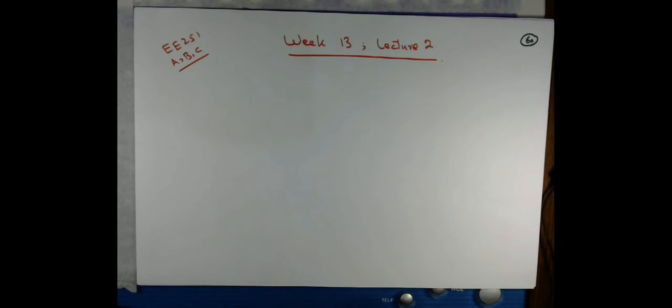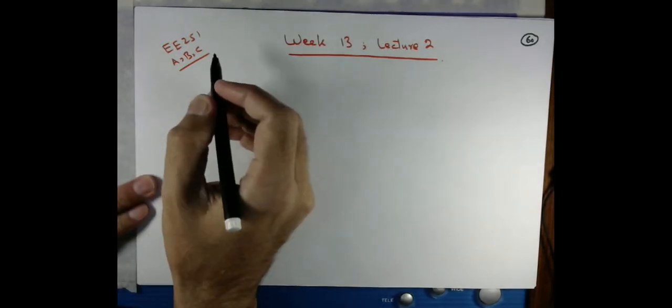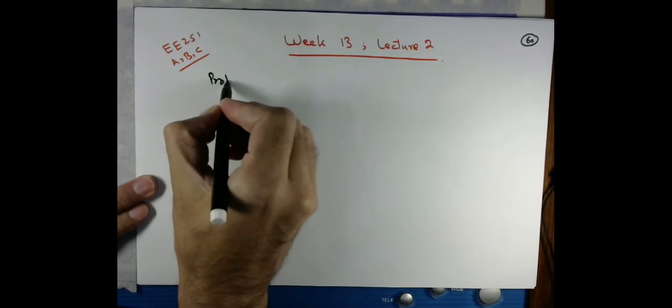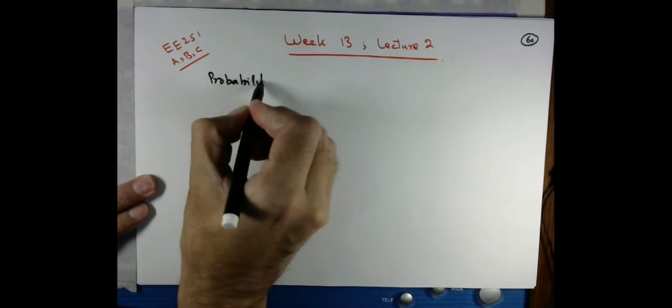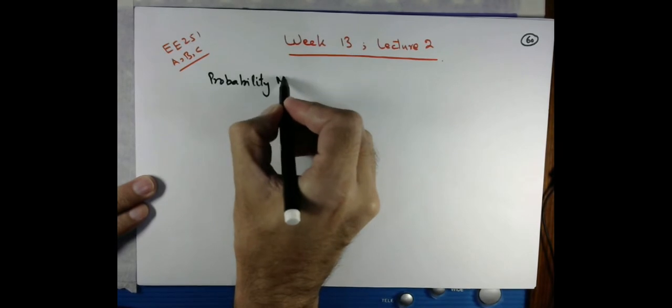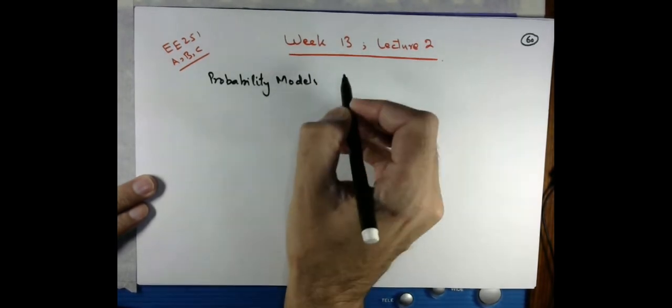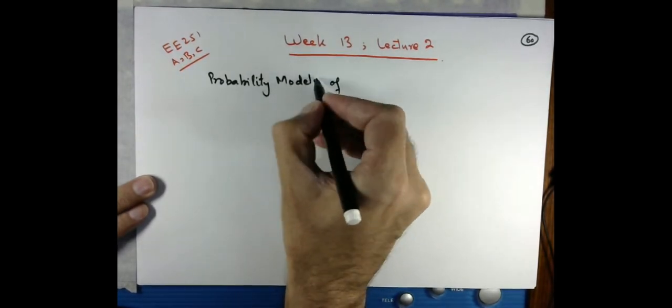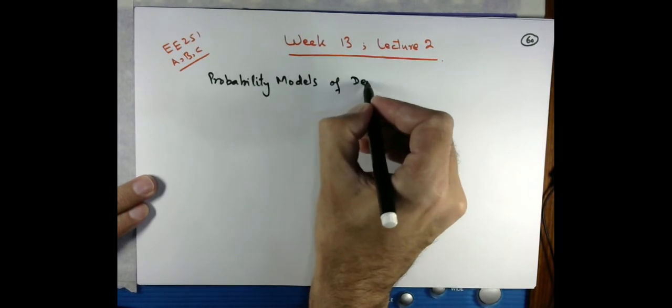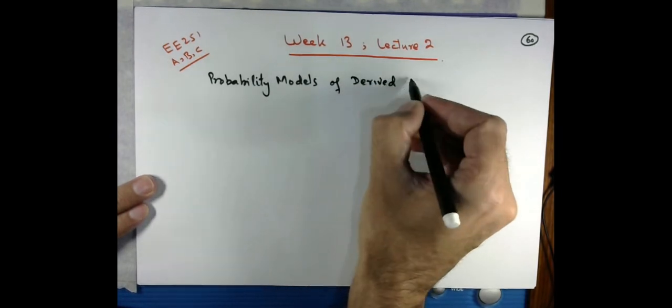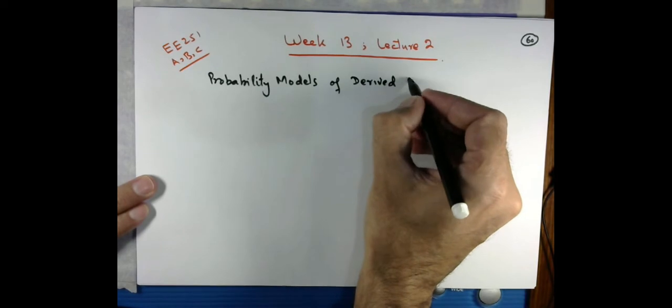So I'll start topic number 1, and that is about probability models of derived random variables.